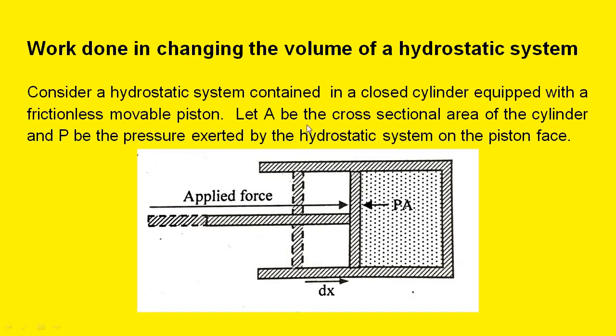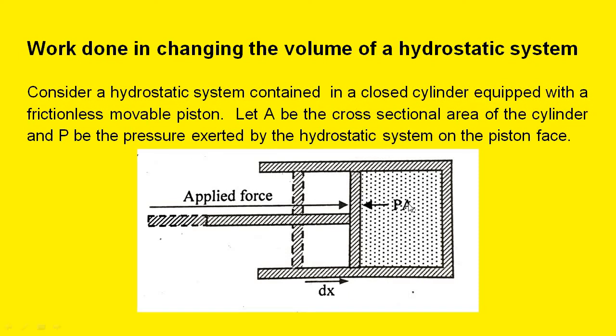Let A be the cross-sectional area of the cylinder and P be the pressure exerted by the hydrostatic system on the piston face. So this system has a pressure P and A is the area of cross-section. Always pressure is force by area, or force you can write as pressure into area.